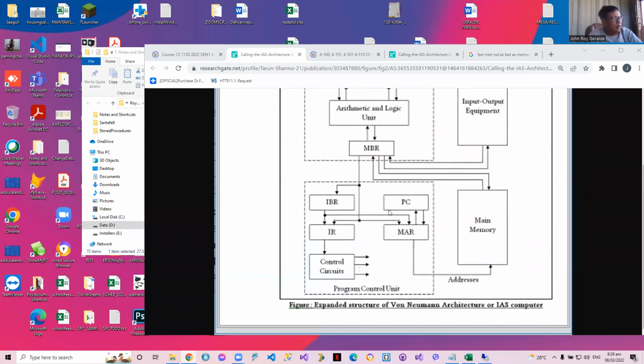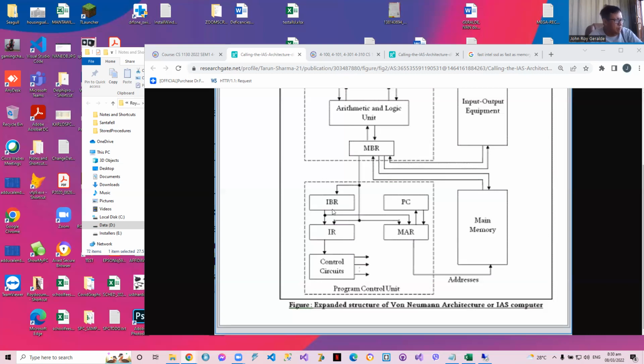The program control unit does the fetch and execute, like the mill. Meron siyang program counter. The program counter counts the instruction being executed. The IBR or the instruction buffer register is divided in two. This will store the instruction to be executed first and next.